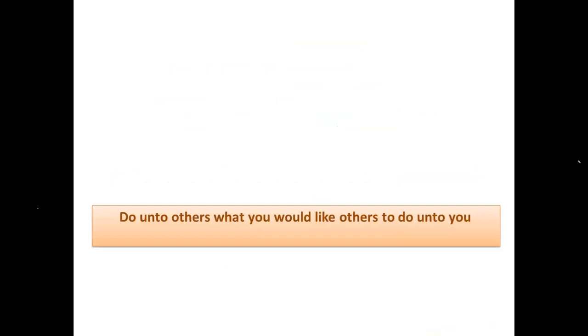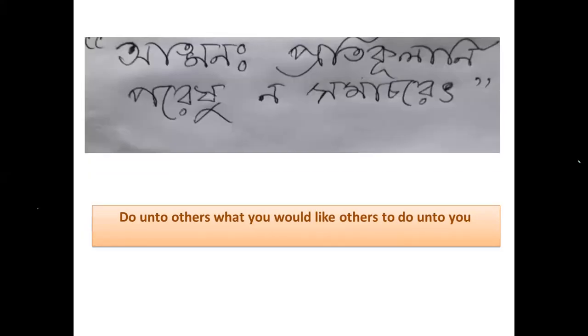So in basics, what is important for all ethics committee members or researchers to ensure ethics? I think this is the important line: do unto others what you would like others to do unto you. In Sanskrit, there is one shloka, Atmanah Pratikulani Pareshuna Samacharit.